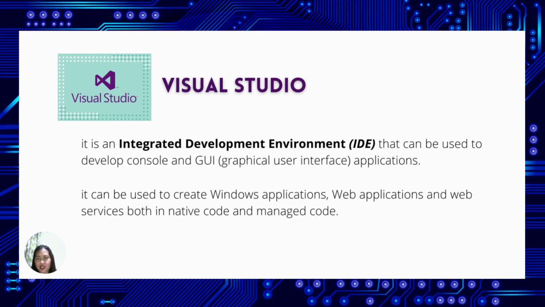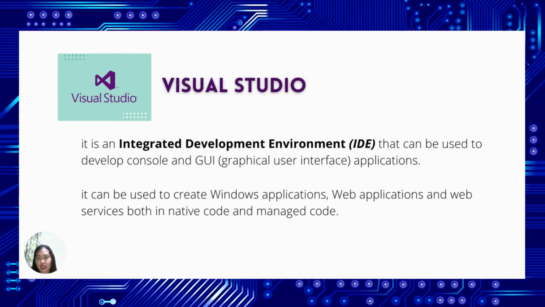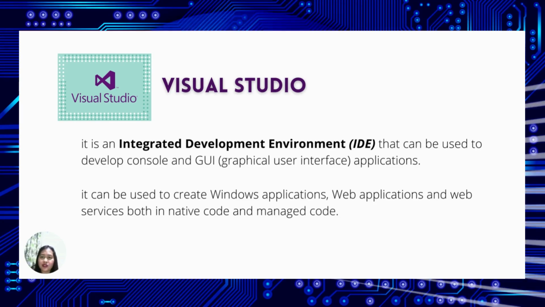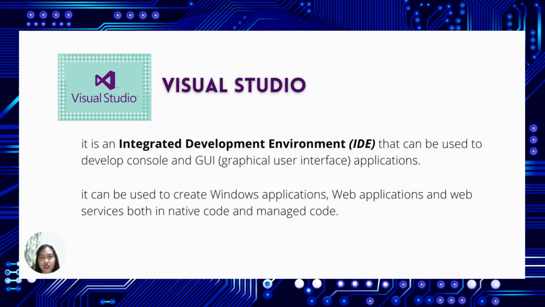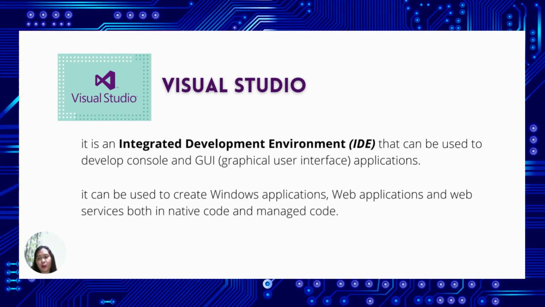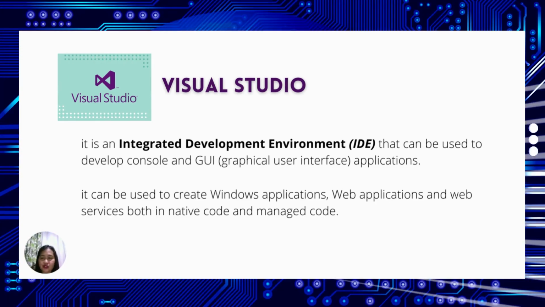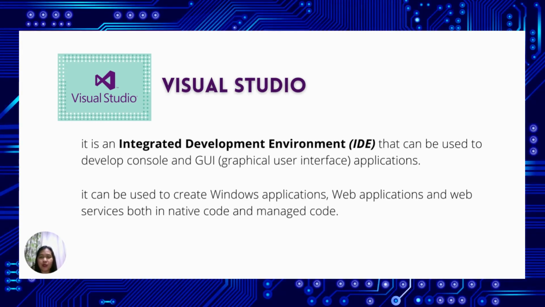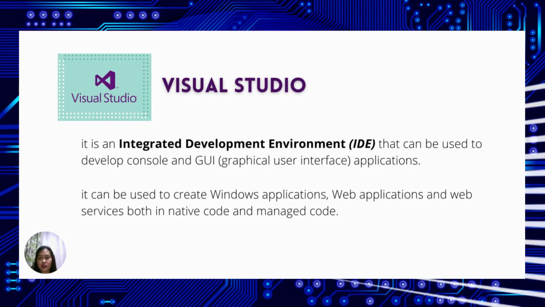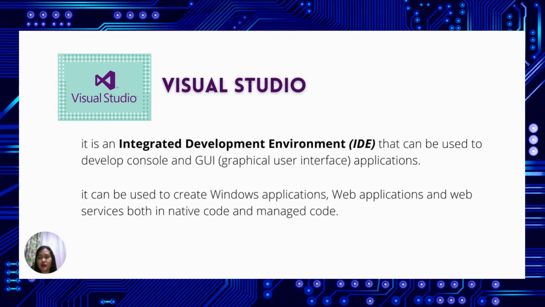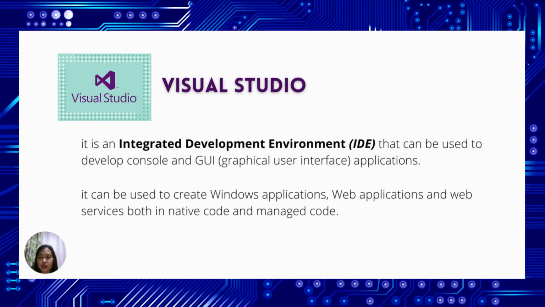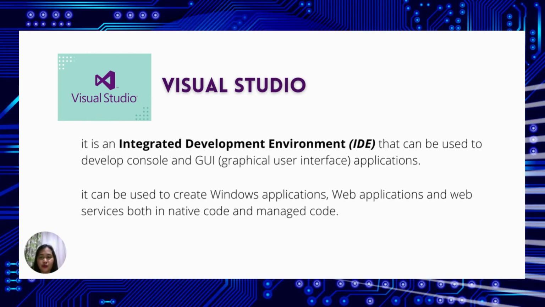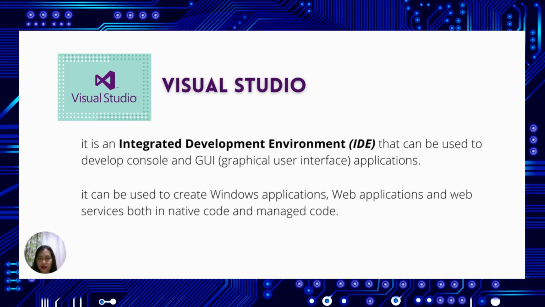When we say IDE, it is a software application that provides comprehensive facilities to computer programmers for software development, like a source code editor, compile code, build automation tools, a debugger, and monitor resources.